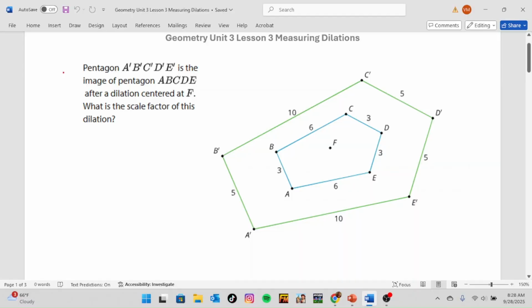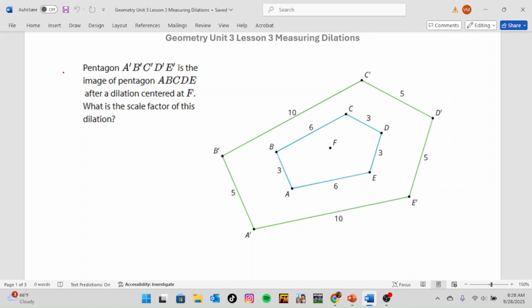Practice problem number 1 says pentagon A prime, B prime, C prime, D prime, E prime, which is the green pentagon, is the image of pentagon A, B, C, D, E, which is the blue pentagon, after a dilation centered at F. What is the scale factor of this dilation?